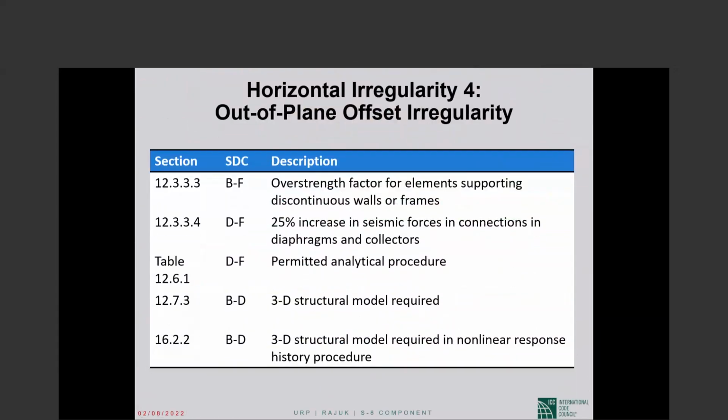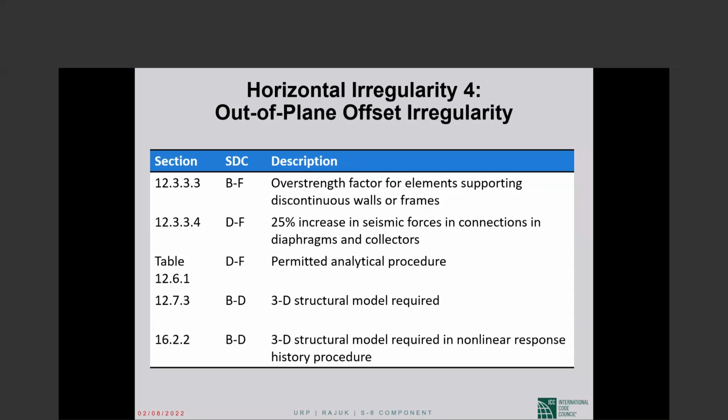Now, when you have out of plane offset irregularity, this is pretty serious business. Elements supporting the discontinuous wall surface have to be designed using load combinations with the overstrength factor. That is a very, very important requirement. Overstrength factor for elements supporting discontinuous walls or frames, section 12.3.3.3, that section applies.